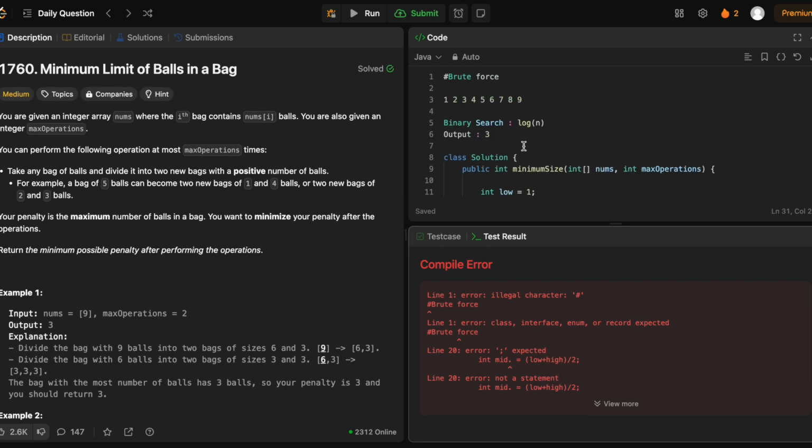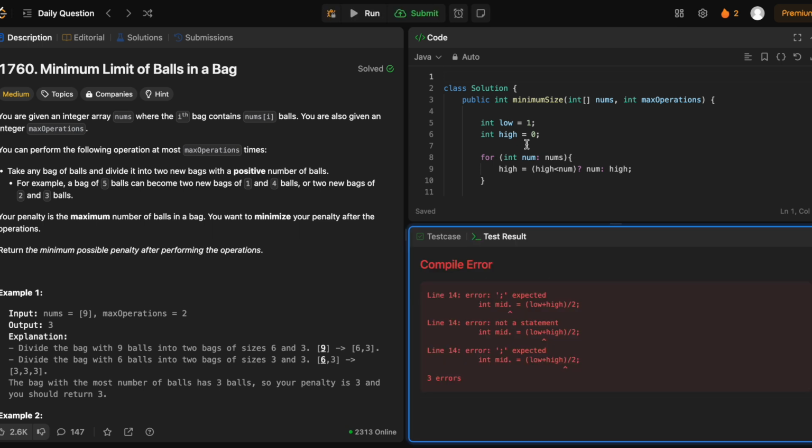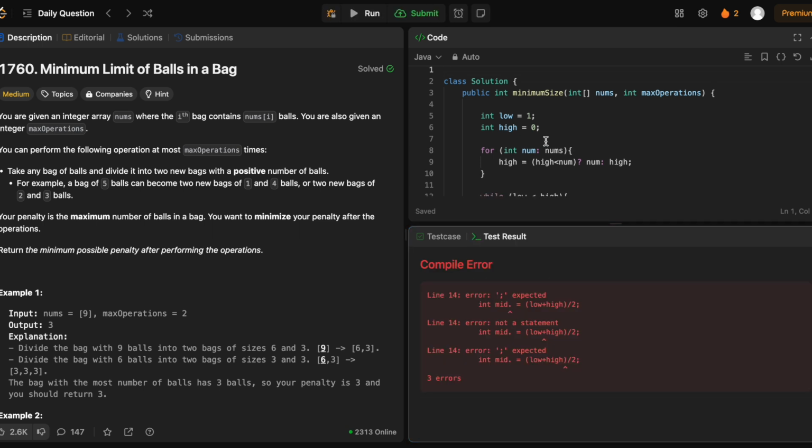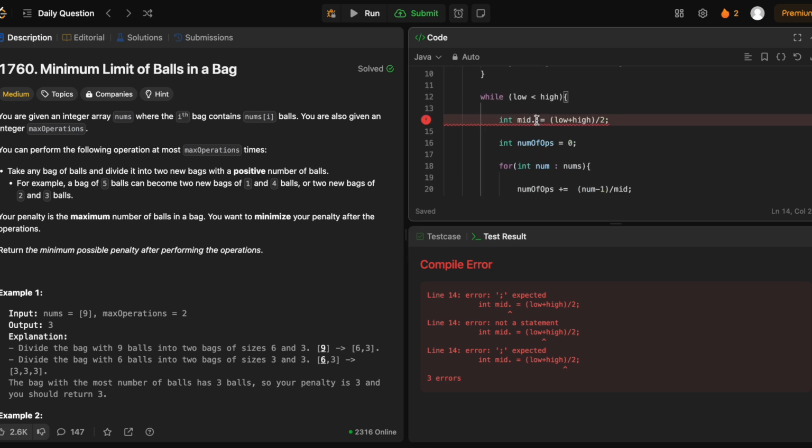I forgot to remove things on top. All right, let's see what happens. Oh, there's a full stop somewhere.